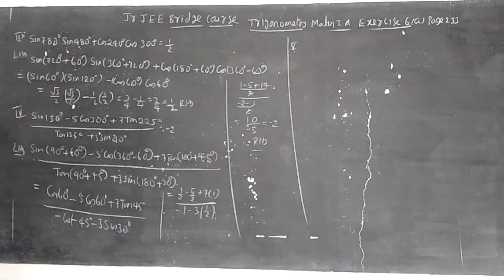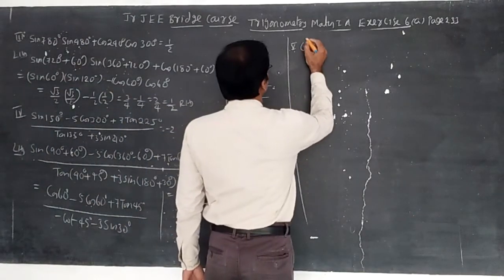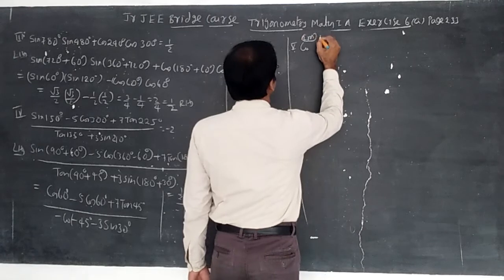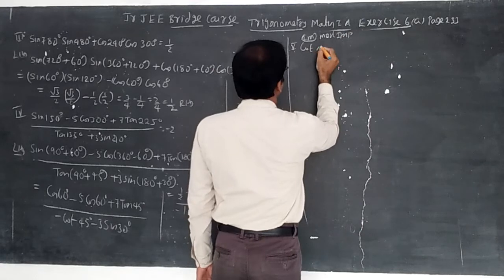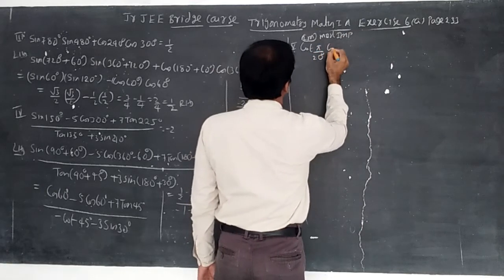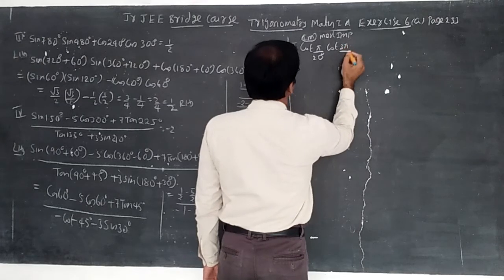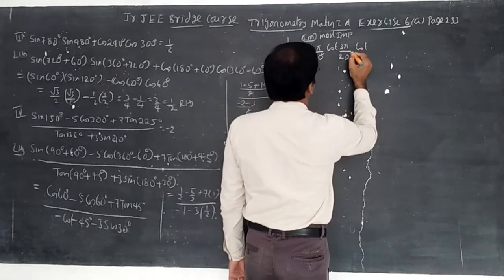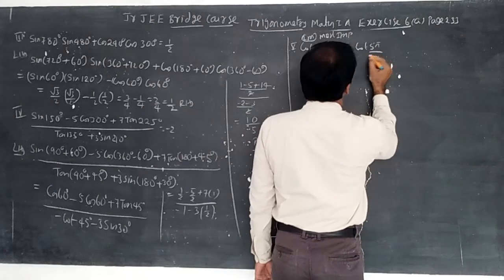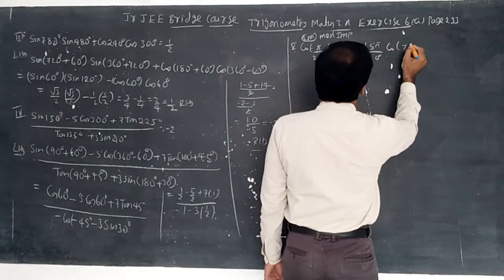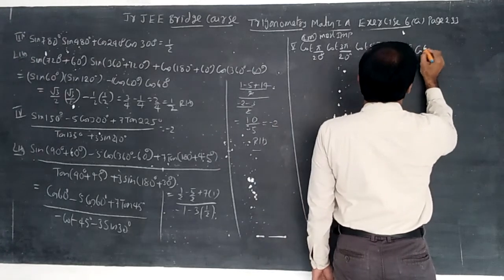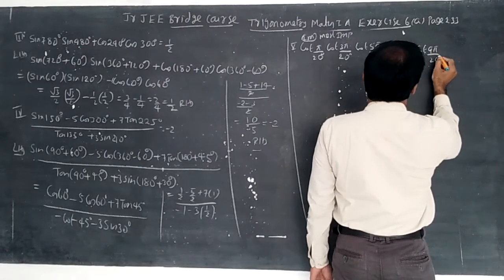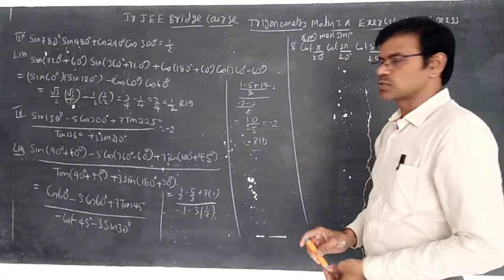Cot 5 pi by 20, cot 3 pi by 20, cot 5 pi by 20, cot 7 pi by 20, into cot 9 pi by 20 is equal to 1. We should prove this one.